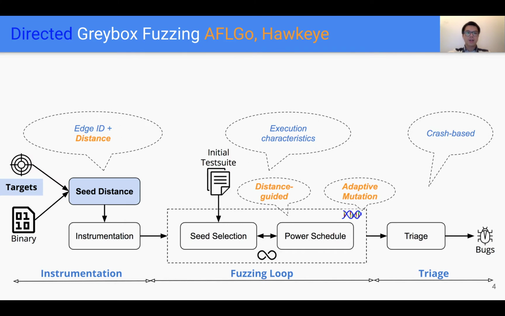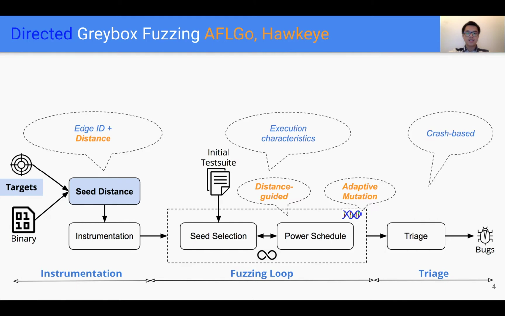While coverage-guided greybox fuzzing aims to explore as many states as possible in the program, directed greybox fuzzing aims to perform stress testing on pre-defined, potentially vulnerable target locations like recent code changes or vulnerable functions like string copy.